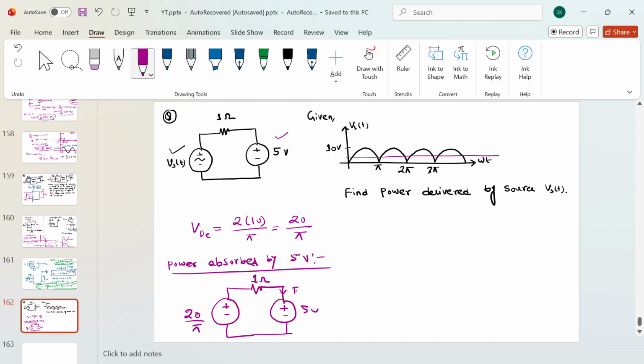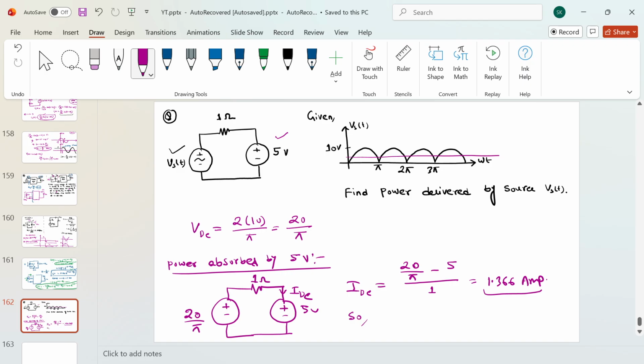So what is the current flowing, IDC? IDC is simply 20 by pi minus 5, divided by 1. That is 1.366 ampere. So DC current will flow in the circuit as 1.366 ampere.